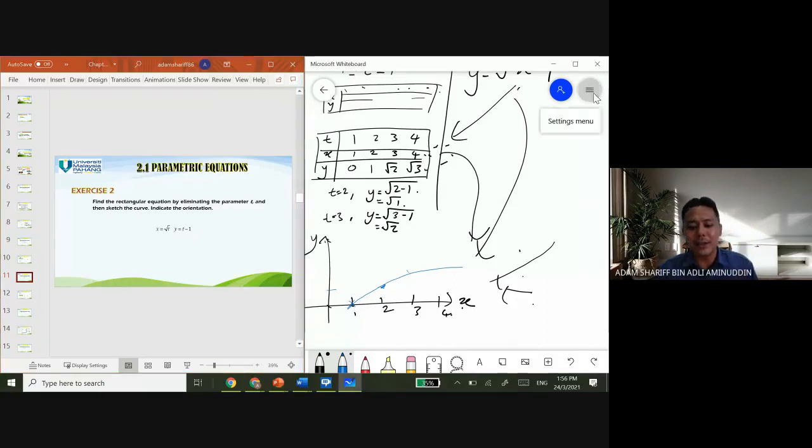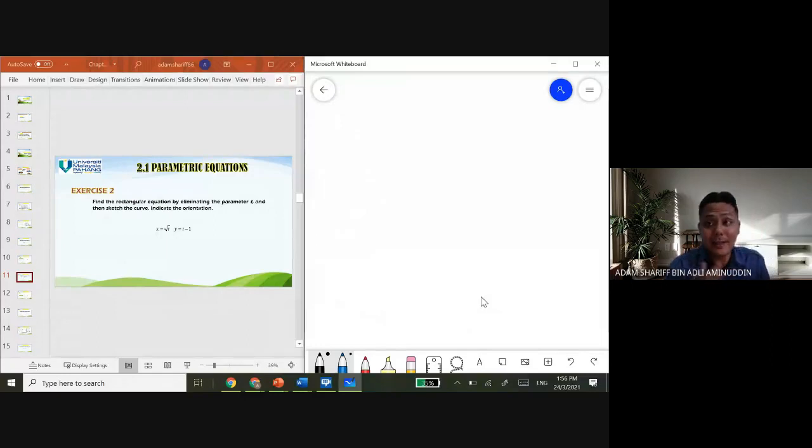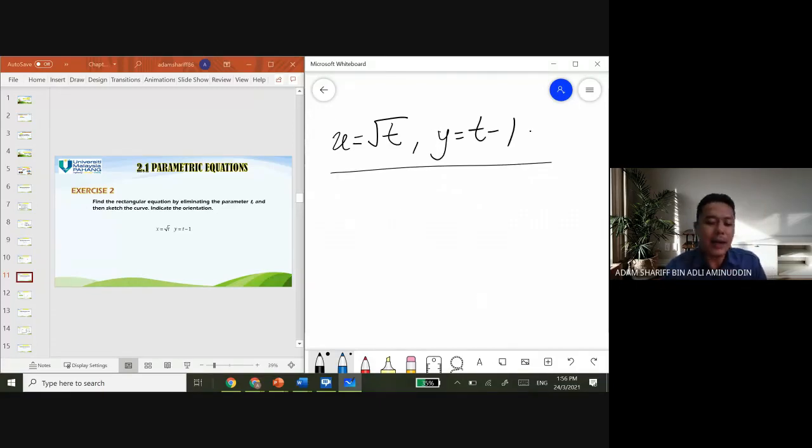Okay, this is a special case where the parameter x is not equal to t anymore. x equals square root t, y equals t minus 1. Use any of the methods that I taught you just now, whether you put it in the table ataupun kamu terus eliminate the t tu masuk dalam equation y. Cuba kamu dapat apa.